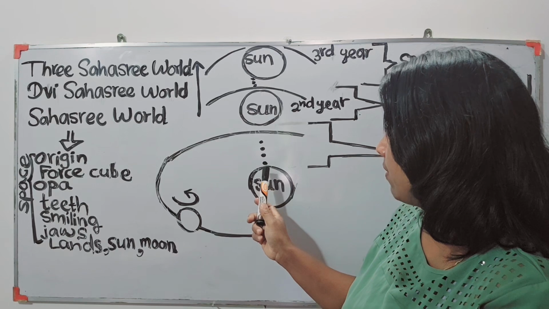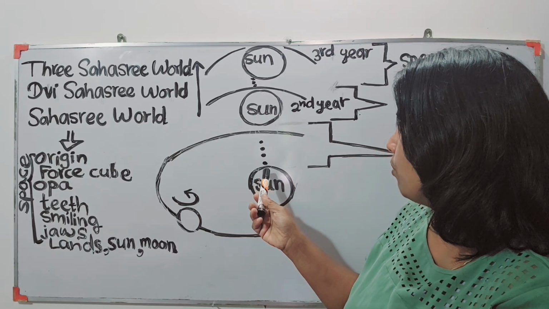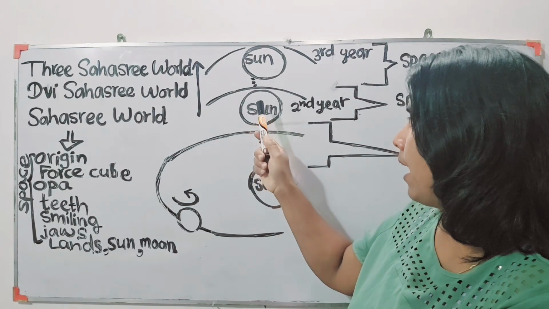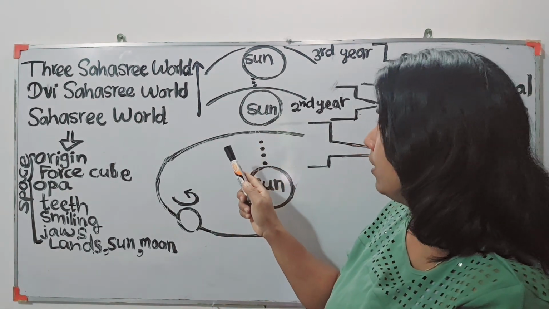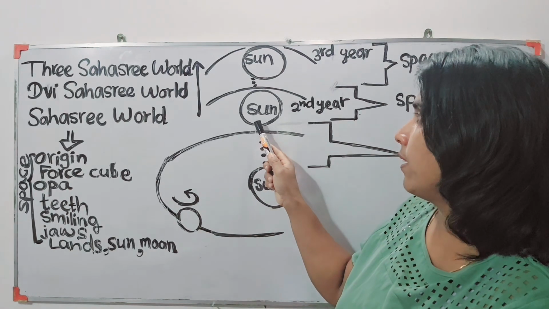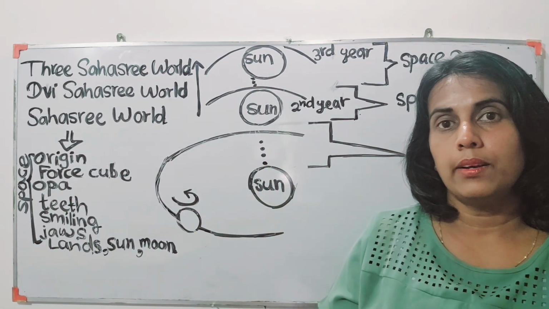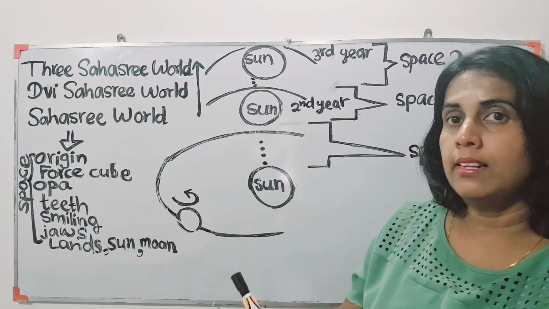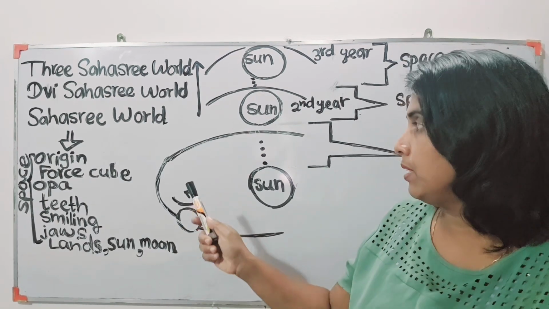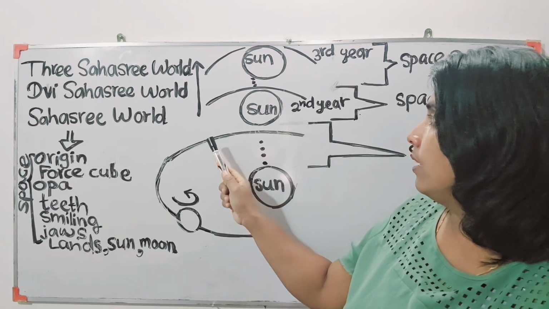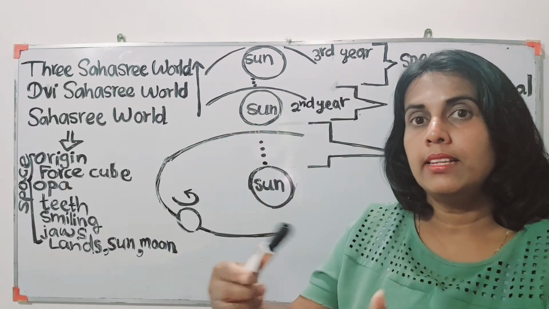When we complete one cycle, we go from this sun to this sun, and we are exactly connecting to the sun above us. That connection takes place exactly, right? There is no gap between this cycle and this cycle. So it exactly connects.